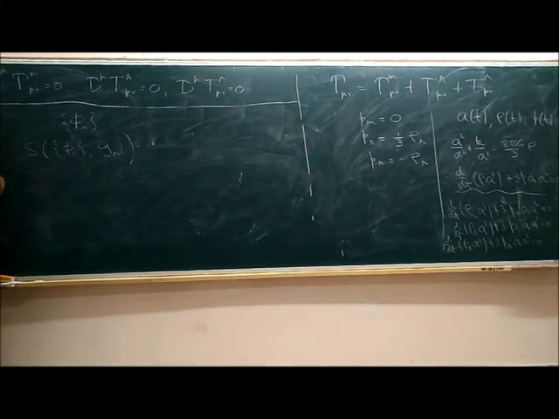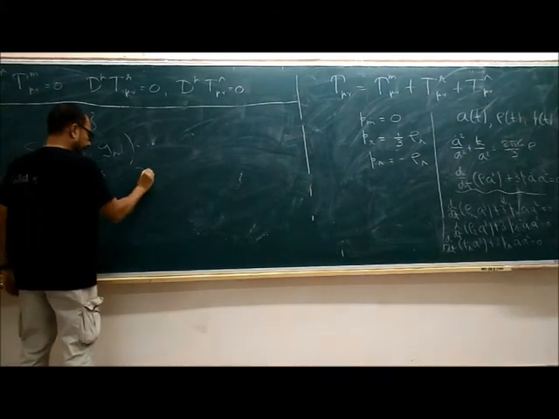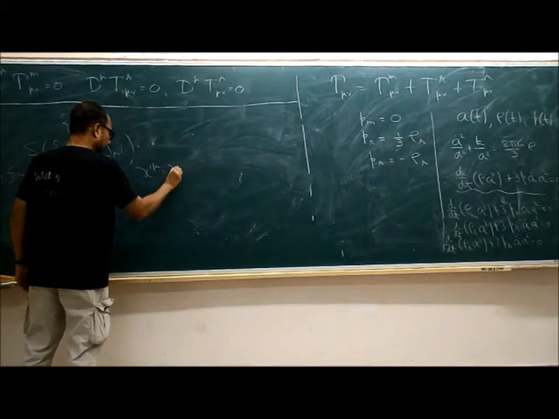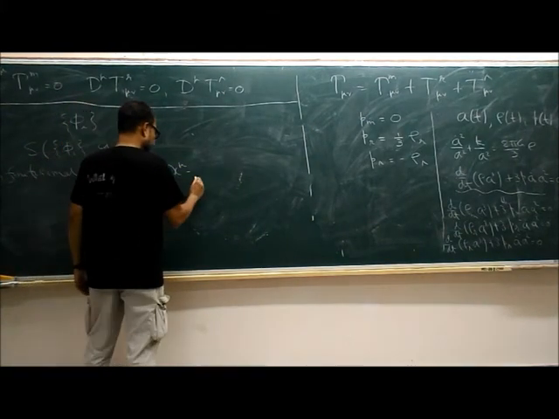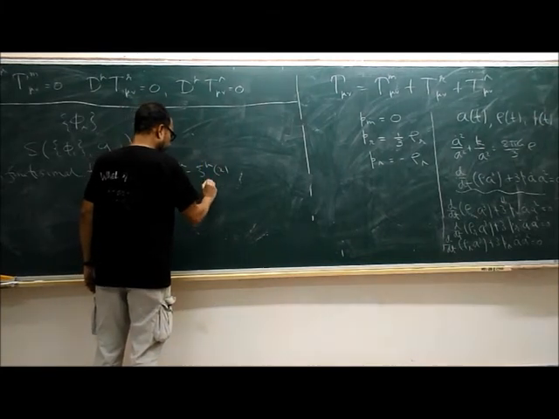So consider an infinitesimal general coordinate transformation, which I take to be x prime mu equals x mu minus xi mu of x. But this is infinitesimal, it is small.